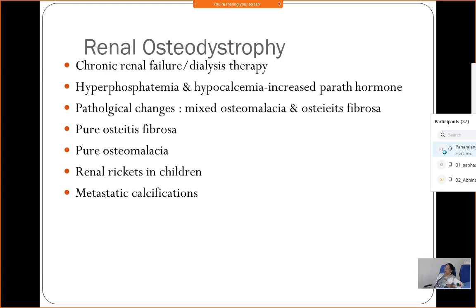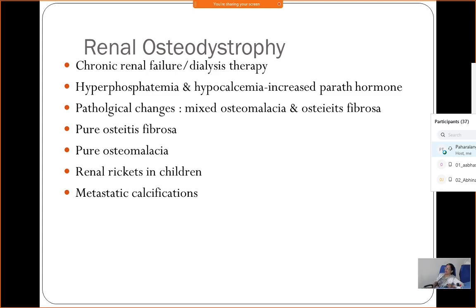Because there is no active vitamin D, there is again calcium deficiency, and that results in osteomalacia-like features. Vitamin D deficiency causes demineralization of the bone, causing osteomalacia, and osteitis fibrosa happens because of increased parathyroid hormone. Both add to the damage. One causes demineralization, and the other causes osteitis fibrosa by increasing osteoclastic resorption.